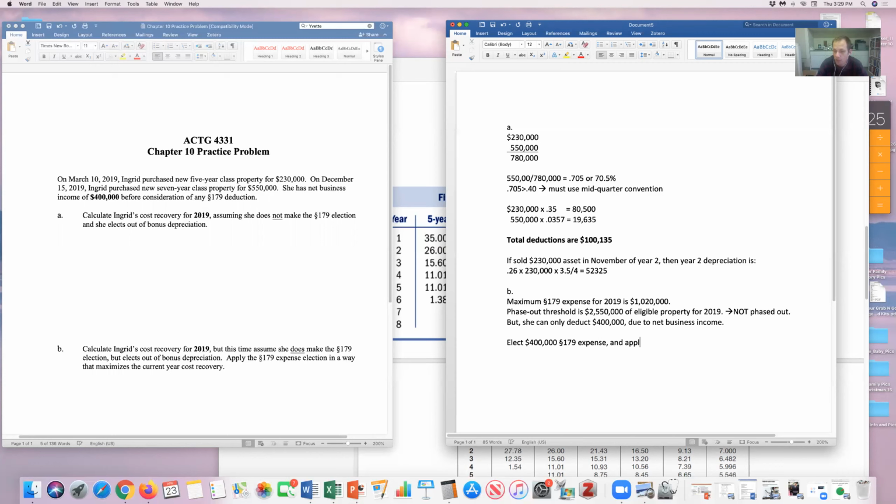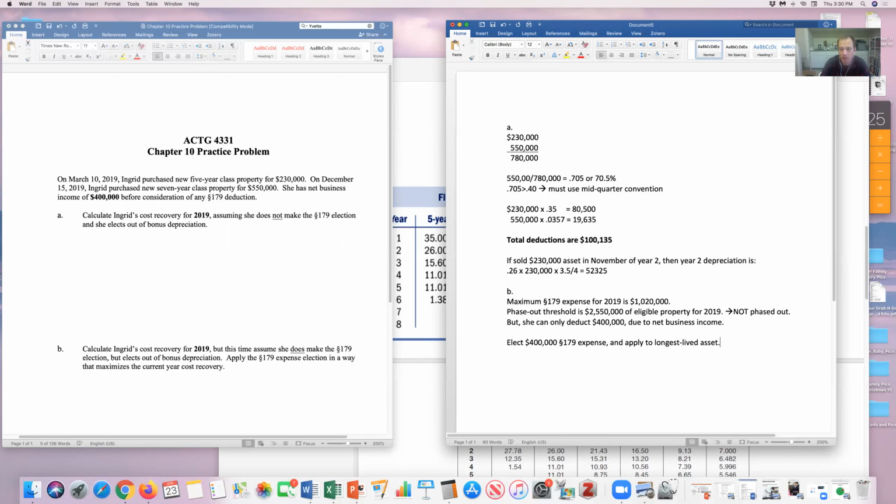And we want to apply it to the longest lived asset. Hopefully you picked this up from the homework. By choosing to apply it to a longer lived asset first, you're accelerating those deductions more, because a shorter lived asset is going to have a bigger regular deduction.